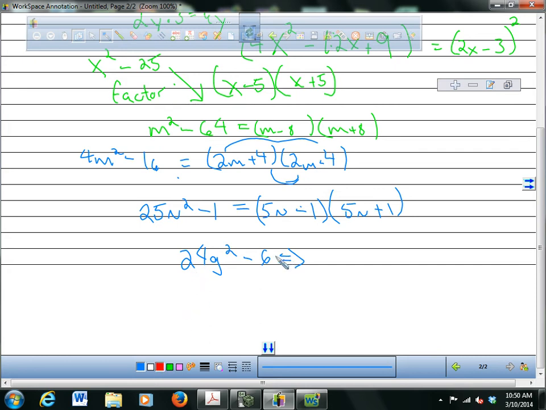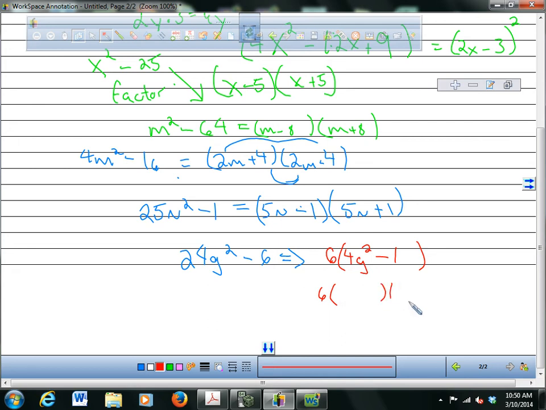Yeah, 3 goes in there, but that's not going to help me. You want to take out the GCF, which is 6. 6 times what gives you 24g squared? 4g squared minus 1.